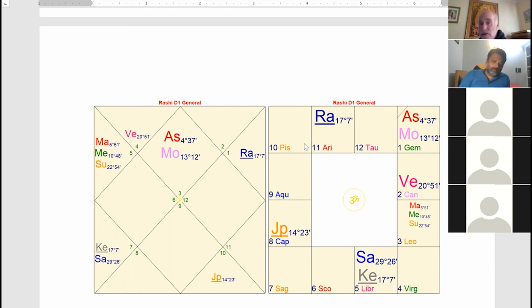And you can see that Saturn is also aspecting the 5th lord Venus. Everyone see this? So there's this influence of Saturn on the 5th house, 5th lord. And so this can create some mental emotional disturbance and turn a person towards depression.